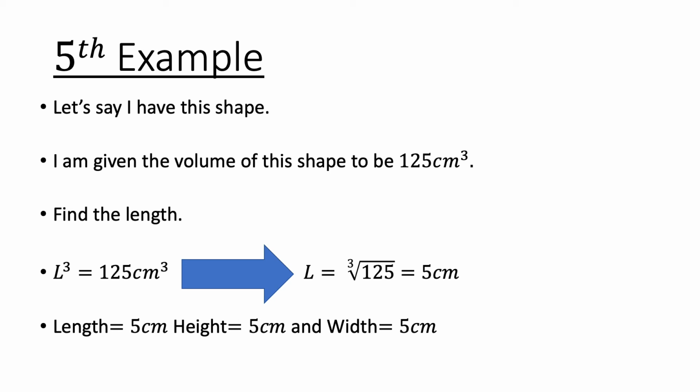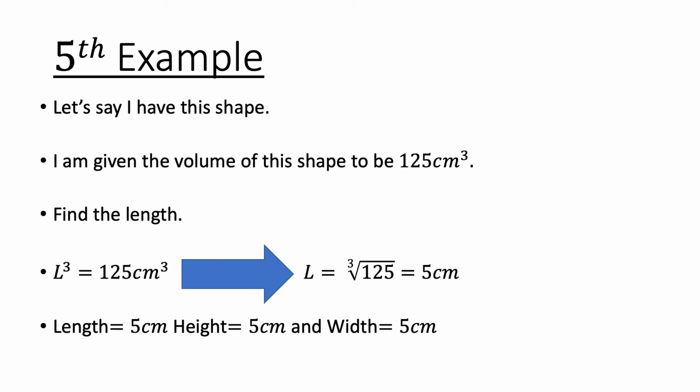I'm not given a height, a length, or a width, so I am under the assumption that it's a cube. A little note, guys: if you're not given any information other than the volume, then you will assume it's a cube. So L cubed is equal to 125.